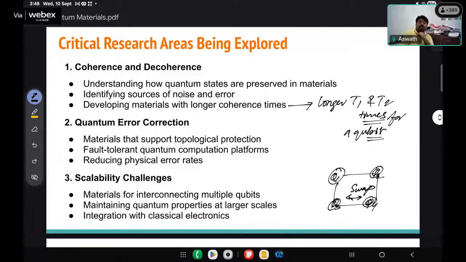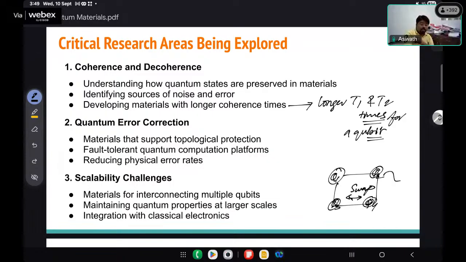Integration with classical electronics is also an important thing. Your qubit network not only works with itself and gives some result. The result has to be analyzed or transmitted to a classical analyzer or classical computer, so classical electronics should be able to connect to them. Let's say some information coming from the qubit in the form of flying qubits, the light.